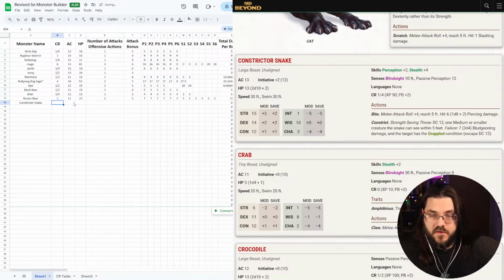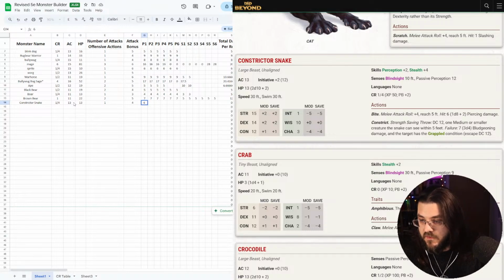So Constrictor Snake is CR 1/4, and that is going to be AC 13, HP is 13, 1 offensive attack, plus 4 attack bonus, and then 6 damage. Constrict, saving throw DC 12, 1 medium creature that it can see within 5 feet. Has a grappled condition, so let's just stick those on.